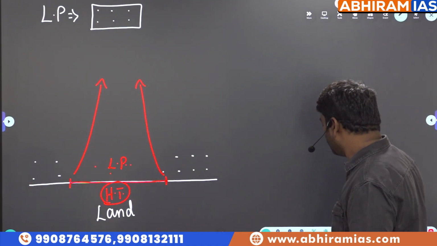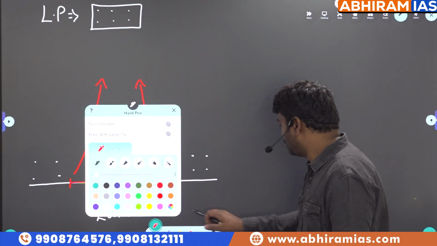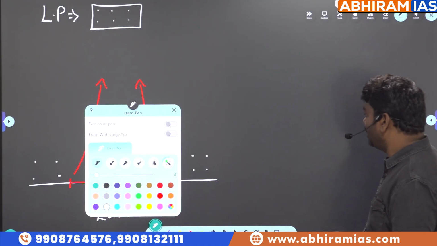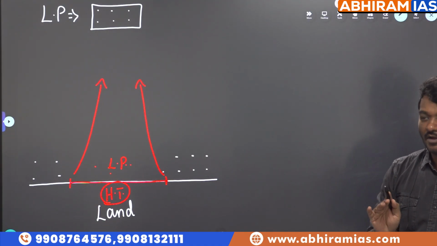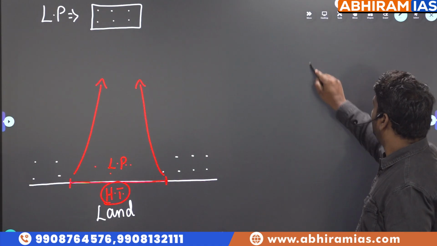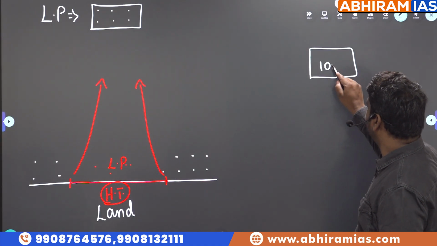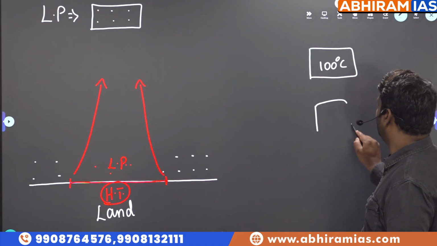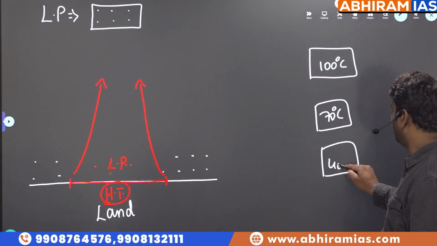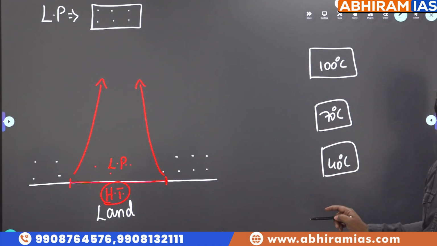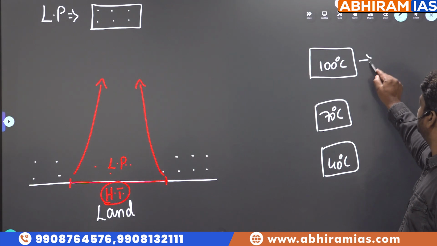Now, my question to you. If you understand this, a lot of questions would be easier. Okay. So, 100 degrees Celsius, 70 degrees Celsius, 40 degrees Celsius. I have 3 boxes. This is hot.